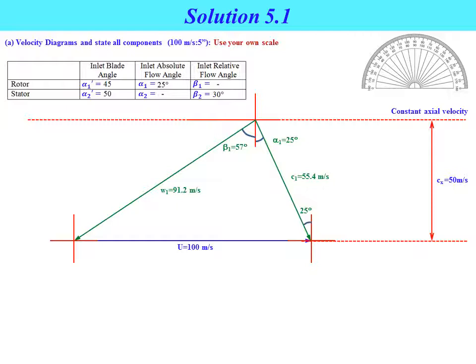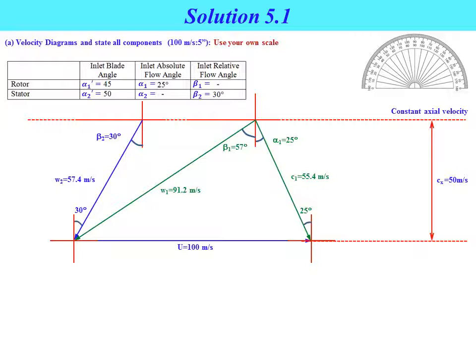Next, draw the velocity triangle at the inlet of the stator. The value of beta 2 is already given, because it is the inlet relative flow angle. Drawing the line based on this angle gives the relative velocity vector W2.